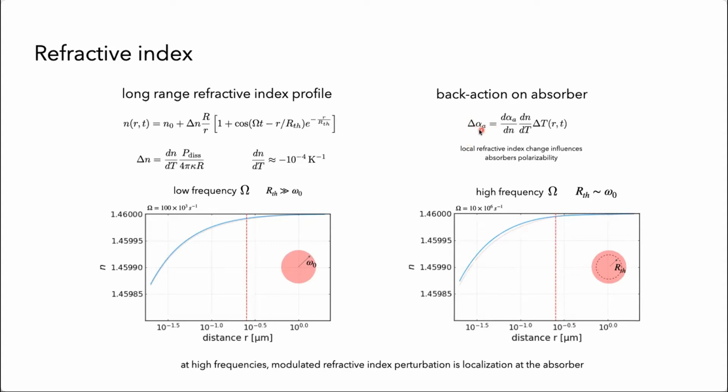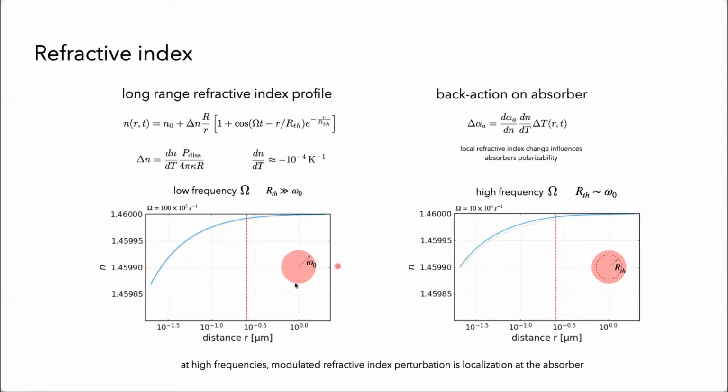You can model that as a delta alpha, a change in the polarizability of that object with the refractive index of the environment, which is created by the temperature rise times the thermo-optic coefficient.